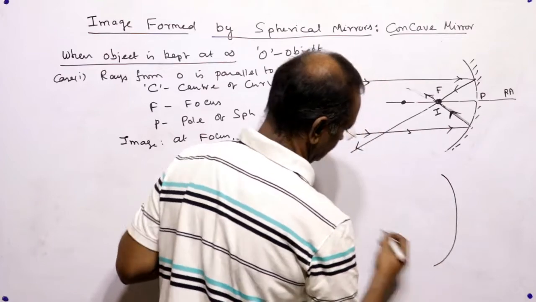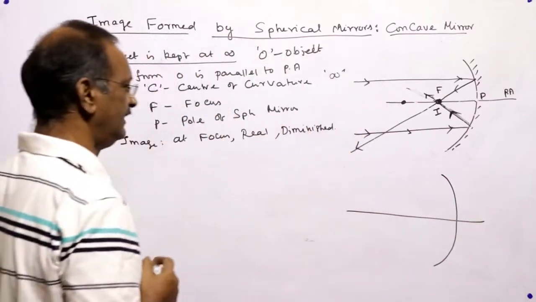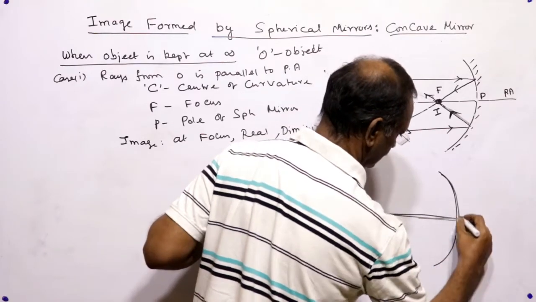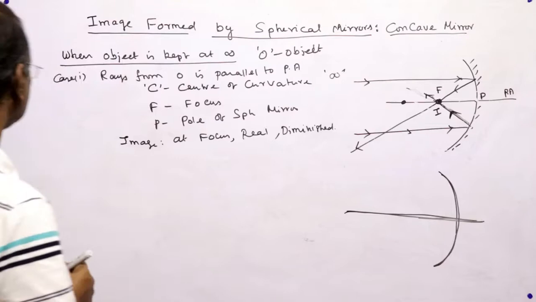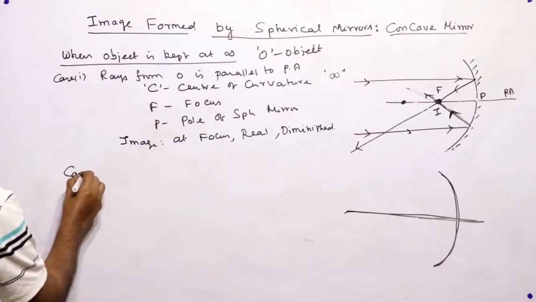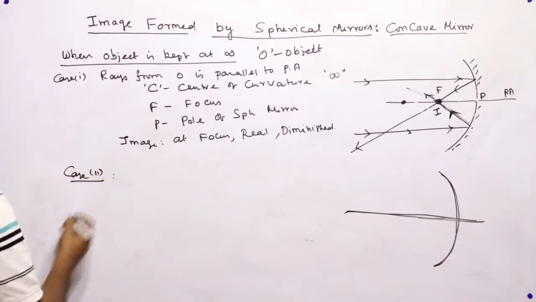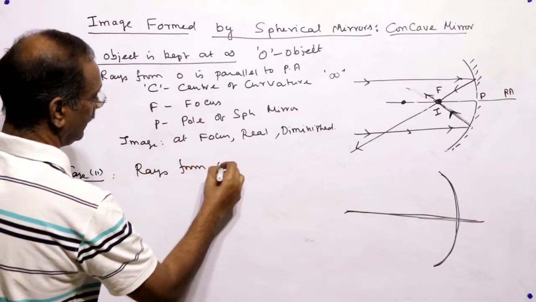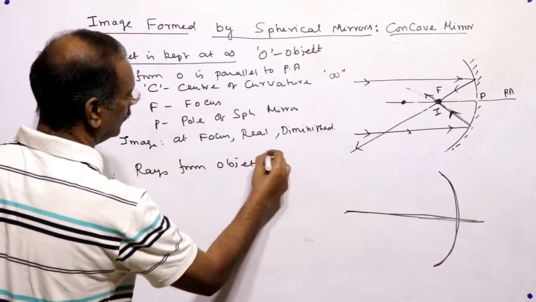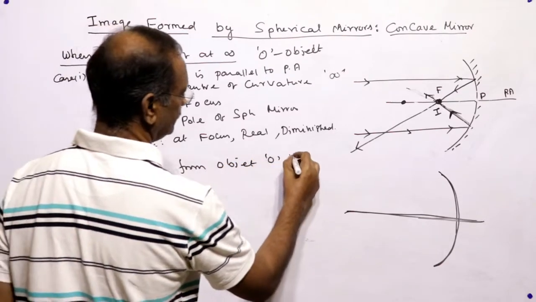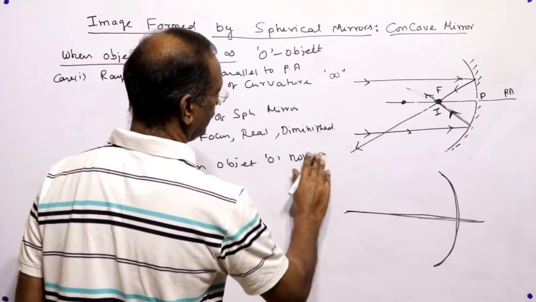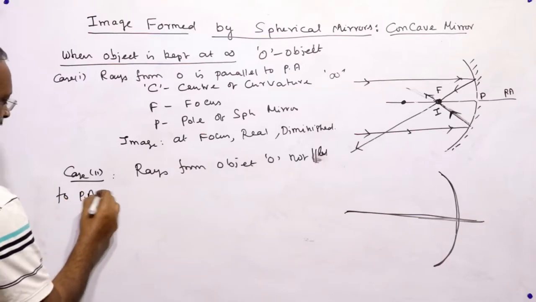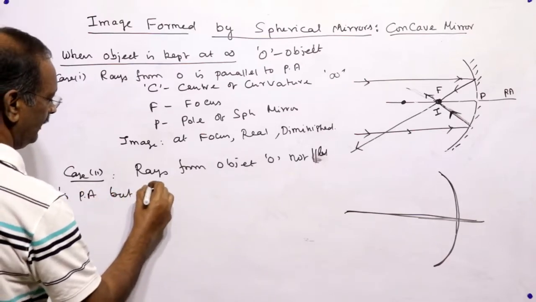Another case, case 2. What can we say in case 2? In case 2, rays from object O are not parallel to the principal axis, but oblique.